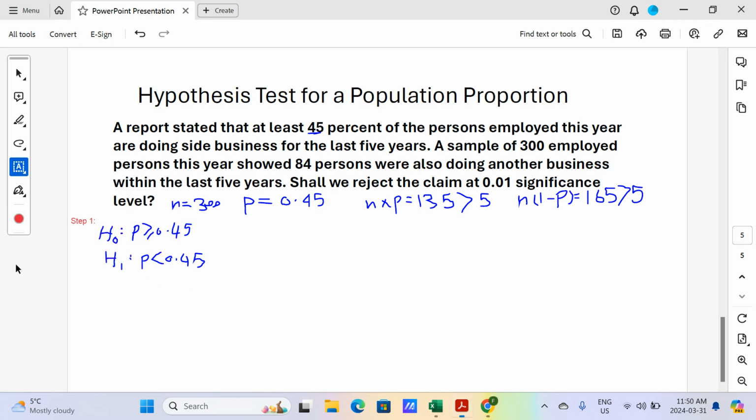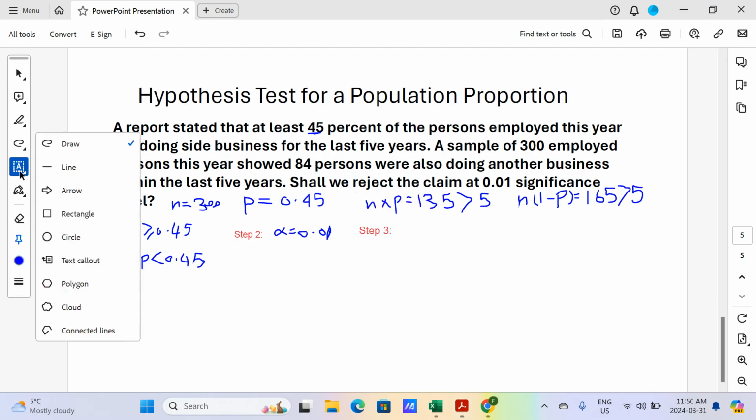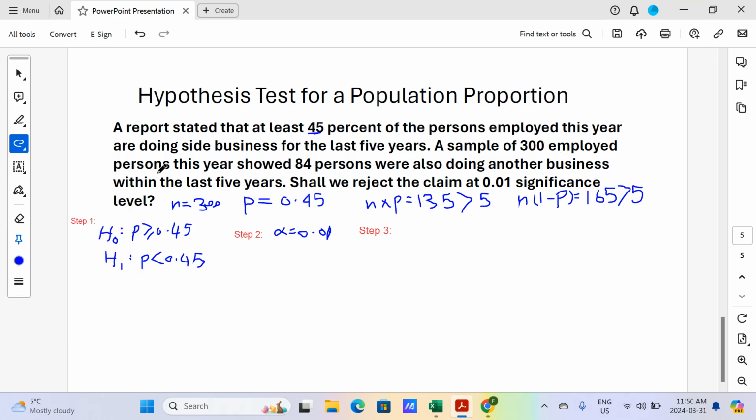Now step 2. In step 2, I need the level of significance. The level of significance in this question, alpha, is 1%, 0.01. Okay, 0.01, it's alpha. In step 3, I need a sample. So step 3, we need a sample. In this question, we have a sample of 300 employed persons.